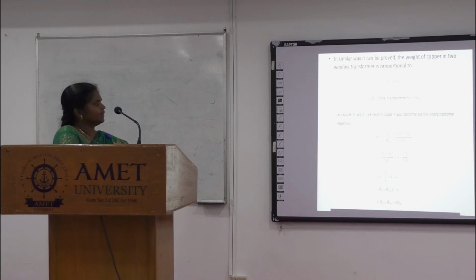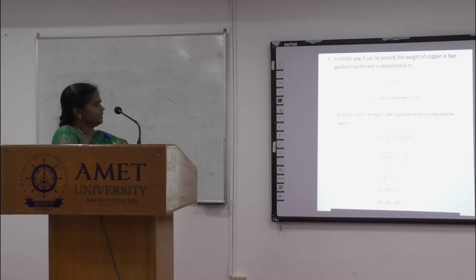The length of the winding depends on the number of turns and the cross-sectional area depends on current carrying capacity, so the weight of the copper is proportional to the number of turns and current. Since it has two separate windings, the weight of the copper is proportional to N1 I1 plus N2 I2. Assuming N1 I1 equals N2 I2, it becomes 2 N1 I1.